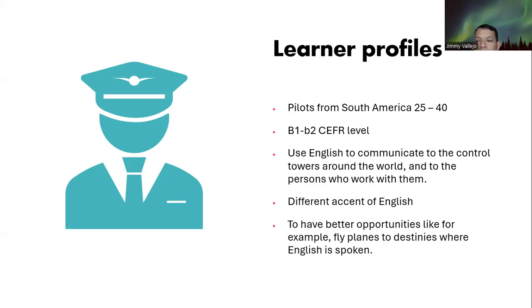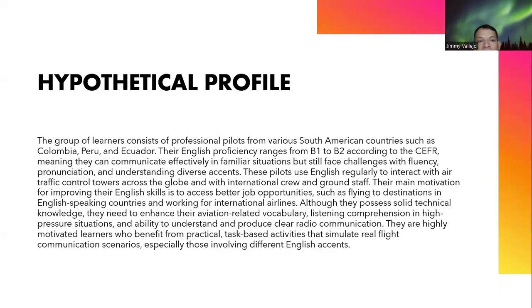One of the challenges they face is different accents of English. To have better opportunities, like for example flying planes to destinations where English is spoken, is one of their motivations to learn English. This is the hypothetical profile that I have made.